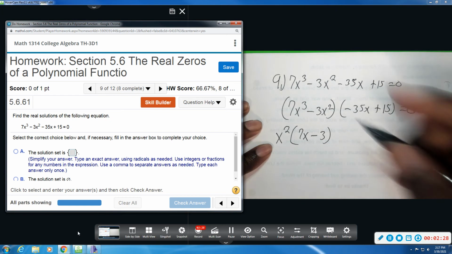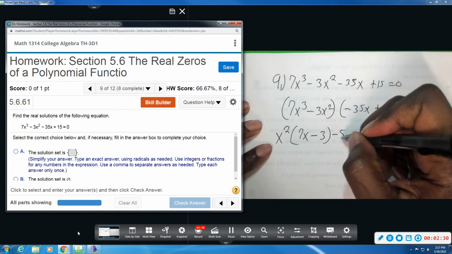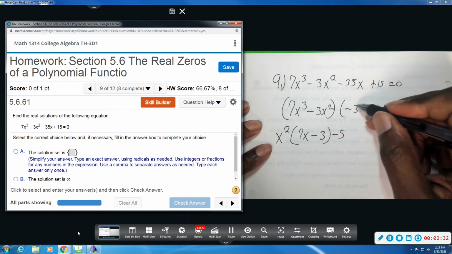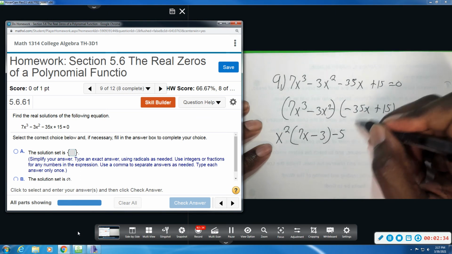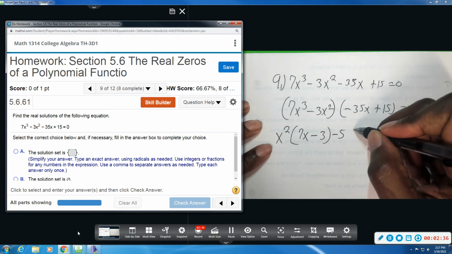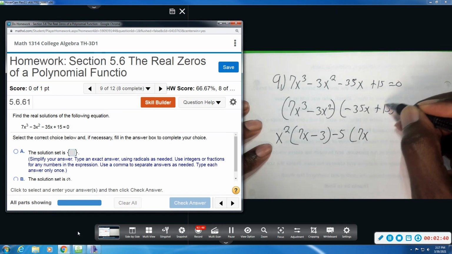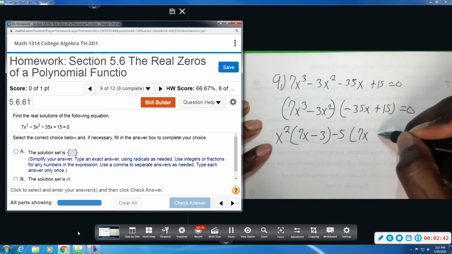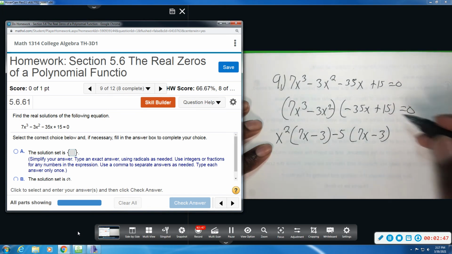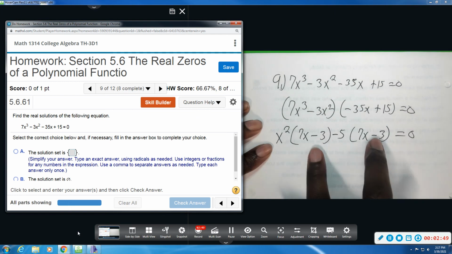So that's what we're going to do. We're going to factor out a negative 5. Divide negative 35 by negative 5. That leaves you with a positive 7, and we have that x. Divide 15 by negative 5, and that leaves you with a negative 3. And this is what we want. This is how we know it works.